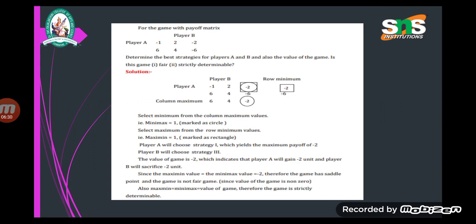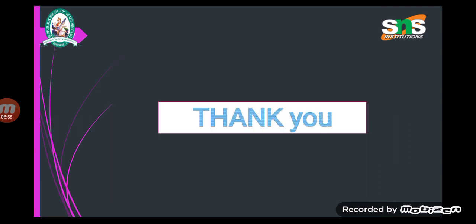Since the maximin and minimax value is -2, therefore the saddle point is -2. Therefore the game is not a fair game. Therefore, the game is a strictly determinable game. Therefore, the given matrix is strictly determinable. This is how we find the value of the game by using a payoff matrix. That's all. Thank you.